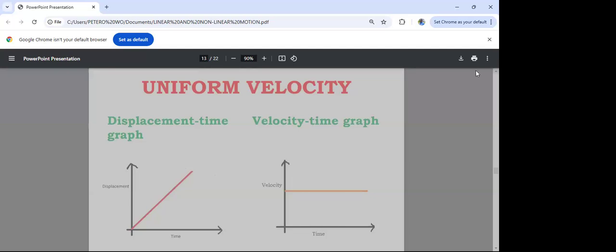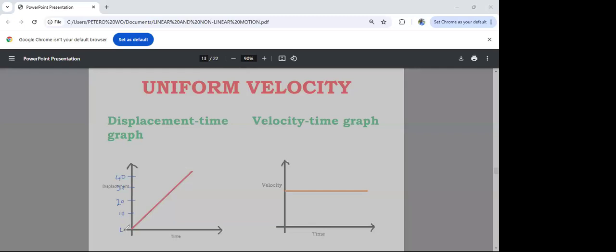The displacement time graph looks like this because if we have, for example, our displacements maybe as 10, then 20, then 30, then 40.